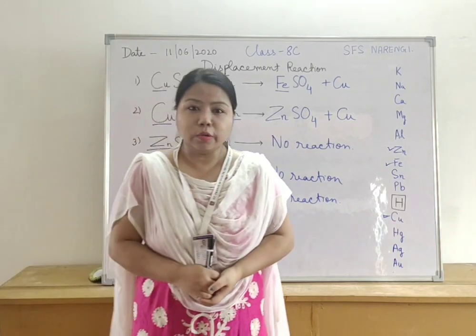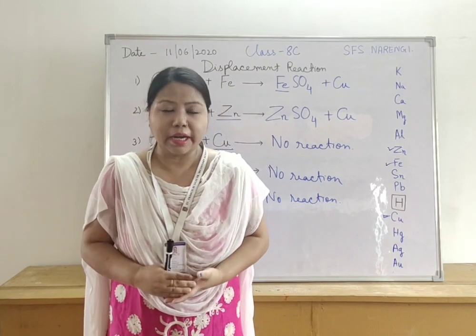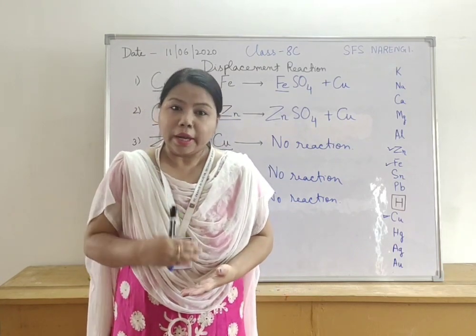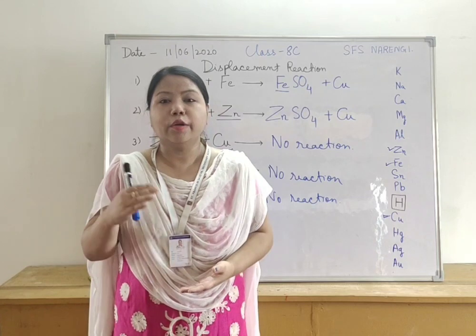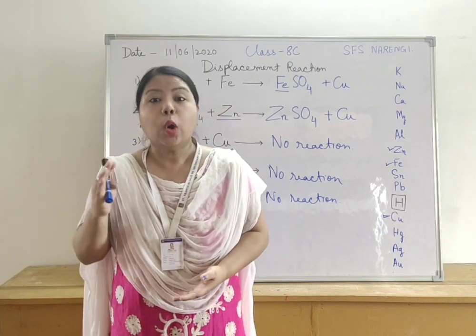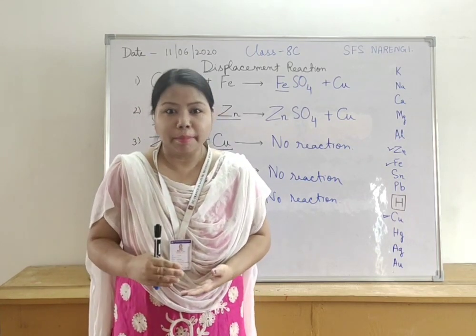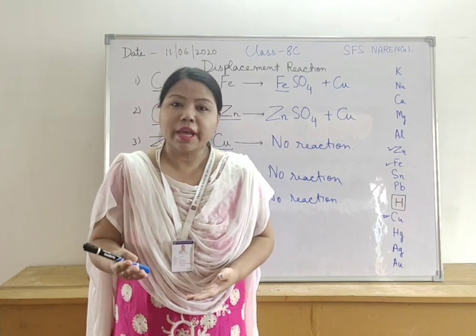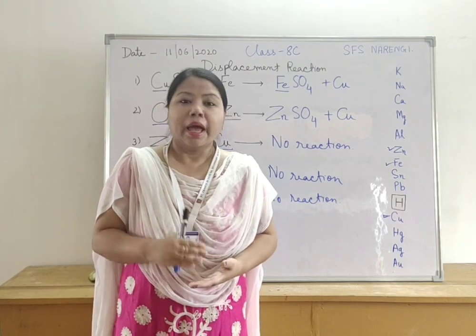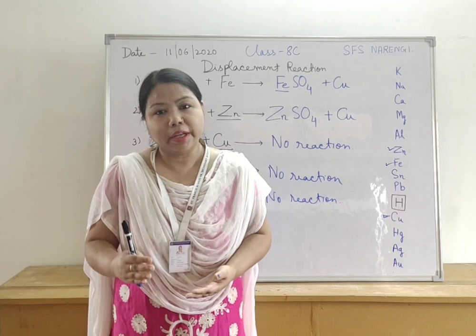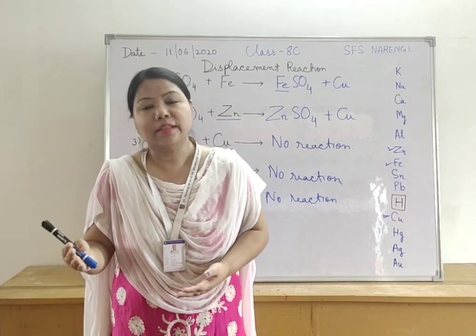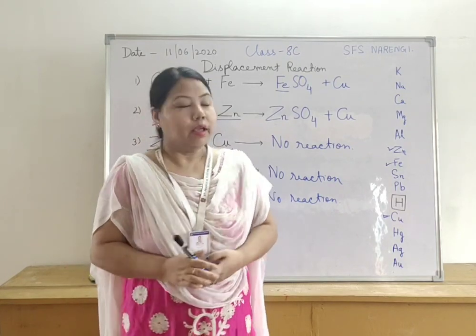So what can we conclude? We can conclude that one metal can replace another metal only if it is more reactive than the other. The more reactive metal will replace the less reactive metal.